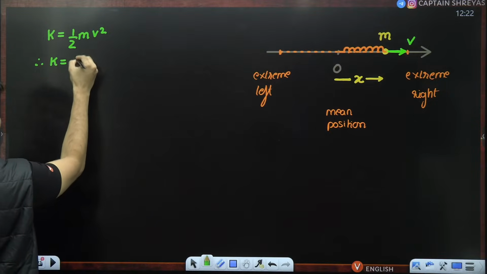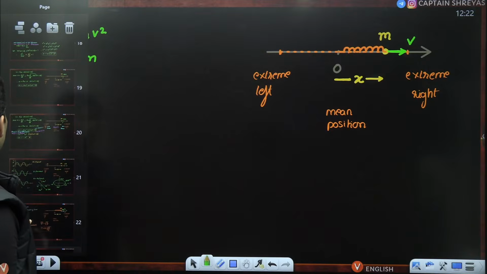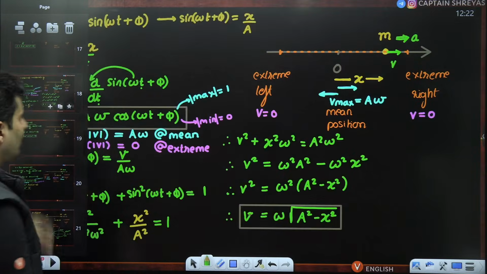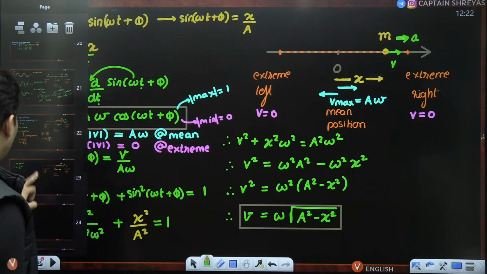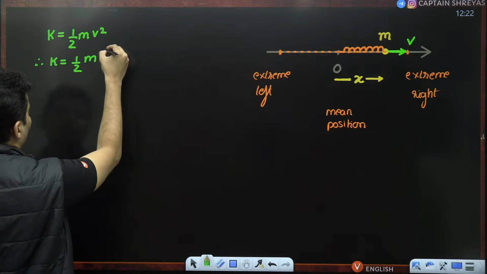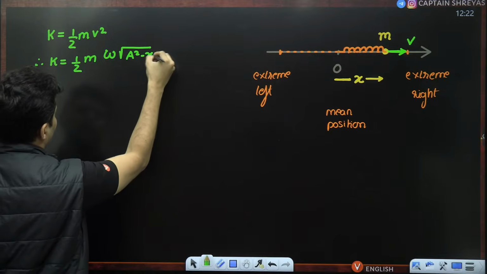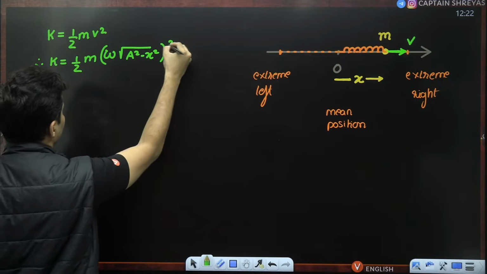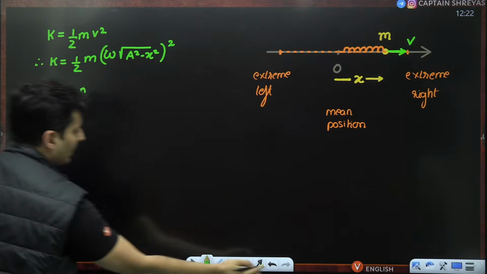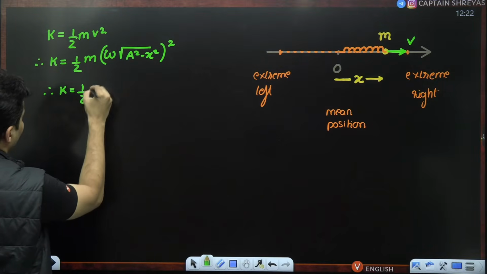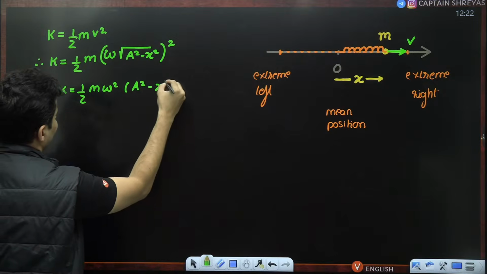Remember velocity, I just told you some time back: omega root a square minus x square. So why not use that over here? So it will be half m times omega root a square minus x square, the whole thing squared. Therefore, kinetic energy will be equal to half m omega square times a square minus x square.